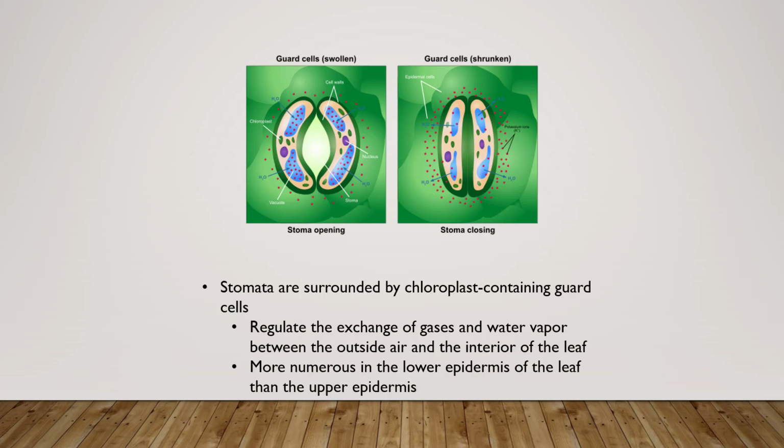So stomata are surrounded by chloroplast-containing guard cells. They regulate the exchange of gases and water vapor. And there's always kind of a balance between the outside air and the interior of the leaf. They're looking for that equilibrium. And they're more numerous on the lower epidermis, like I mentioned.